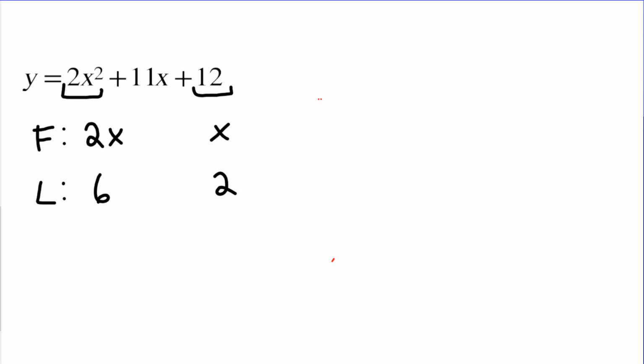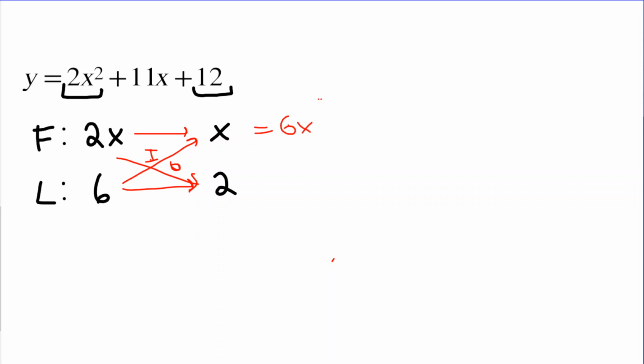So we have our first times first product, we have our last times last product, and the way that these are going to be combined when we multiply with the outside and the inside, 6 times x, these are going to be my inside multiples. 2x times 2, these are going to be my outside multiples.